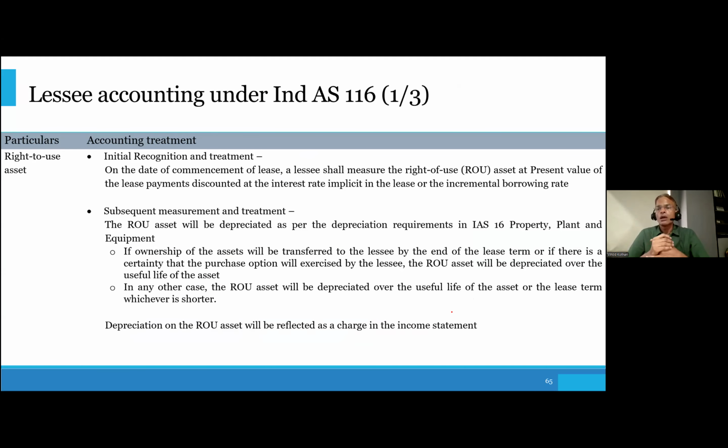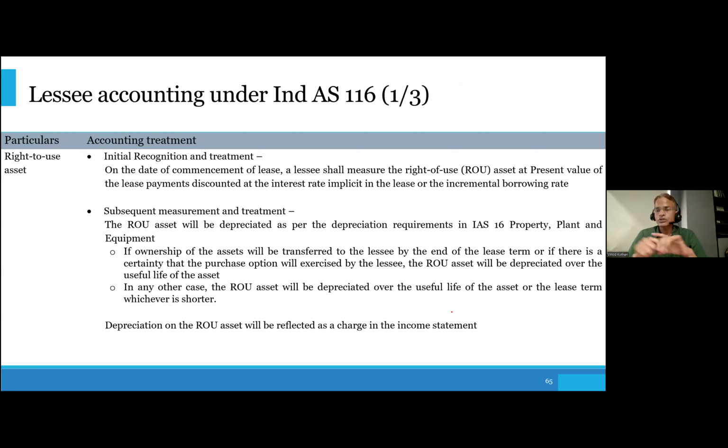ROU asset. The ROU asset is the value of the right that the lessee has acquired to use the asset, which means for the non-cancelable term. For the non-cancelable term of the lease, the right the lessee has acquired to use the asset itself becomes an asset. How do we measure the value of the right?